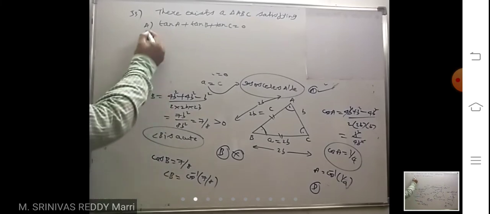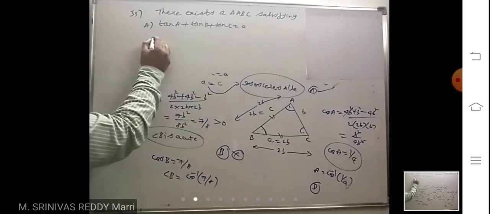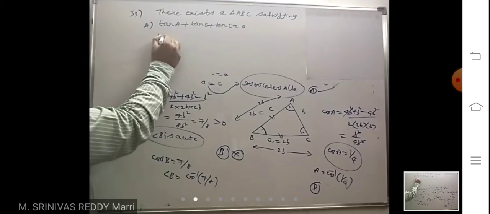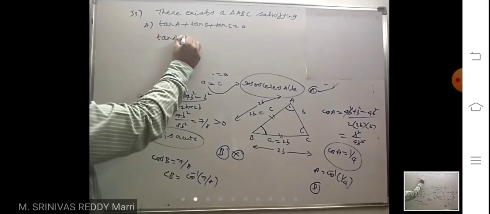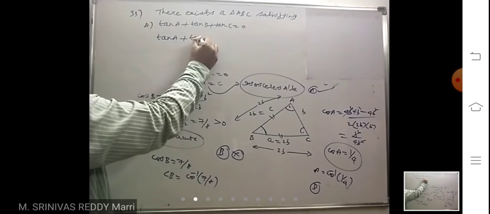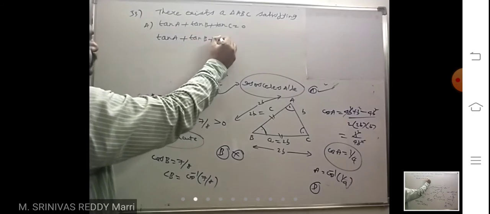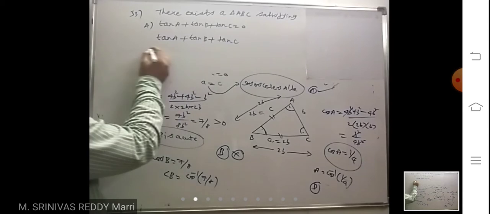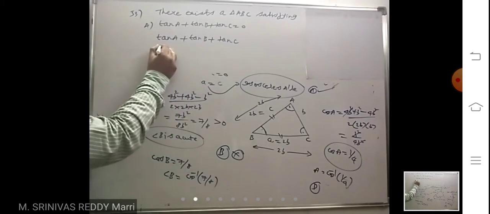Now look here. You take tan A plus tan B plus tan C. So this I am simplifying.